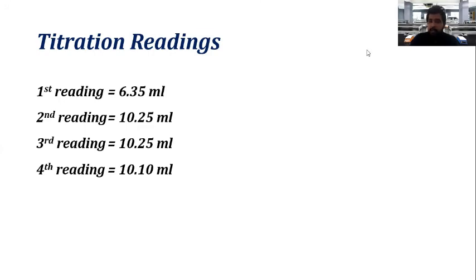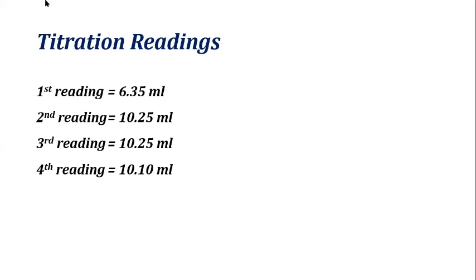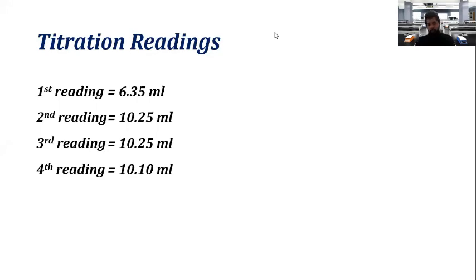Usually in chemical experiments we do the first reading to get an approximate endpoint, but if it is very close to the other readings, and we don't have the facility to conduct four titrations, it's okay to take the first three when there are no big deviations.